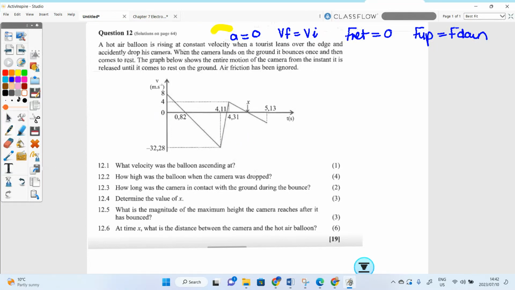When you get a question like this, make sense of what it's doing first. It says a hot air balloon is rising at a constant velocity, rising. So what has this question already decided for you? It decided that up is positive, because it's starting here with +8.